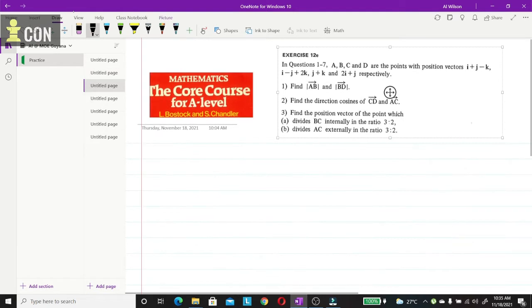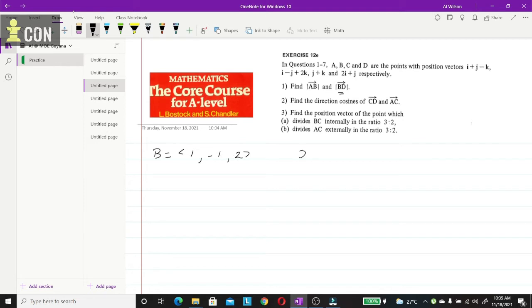Good. Moving on to the next one, we're going to look at solving for the modulus of BD. So B is going to be equal to, here we have it, we're looking again for the number values, so we have 1, minus 1, and 2.